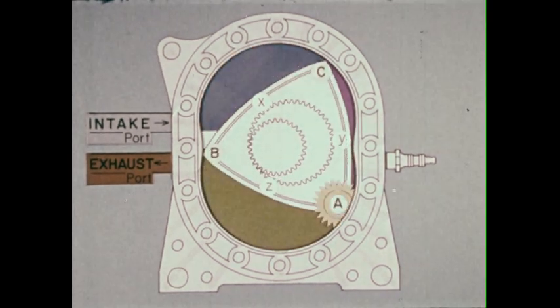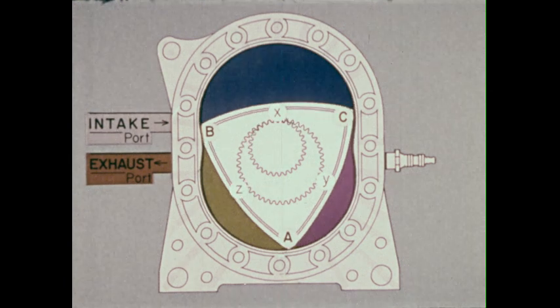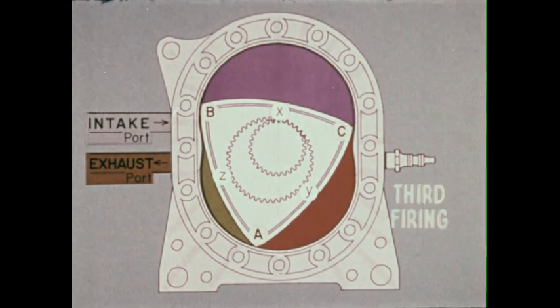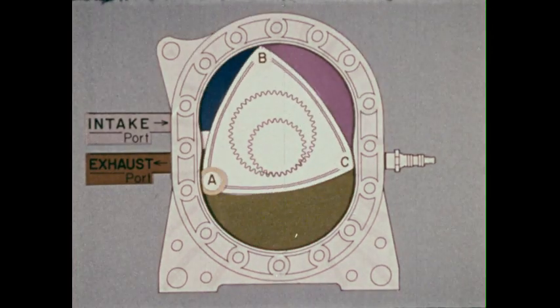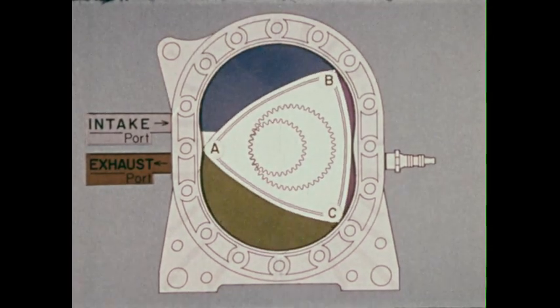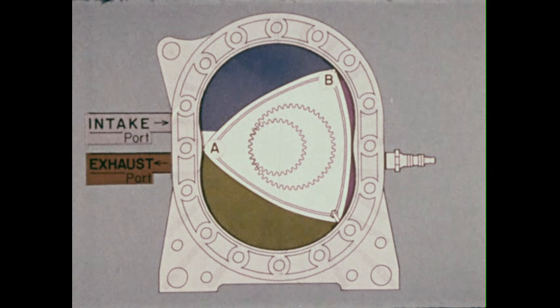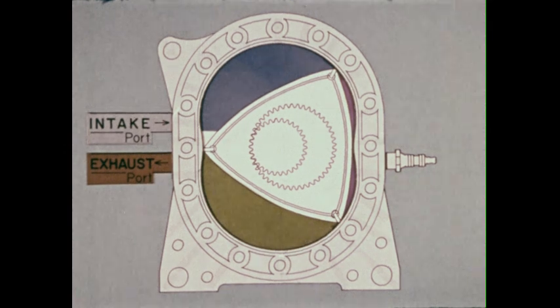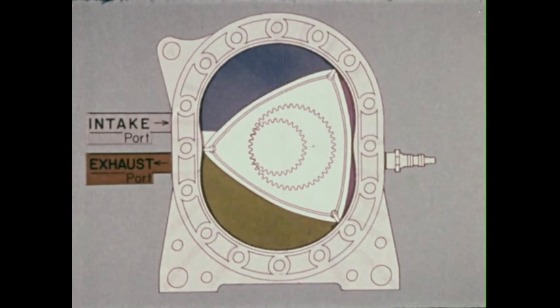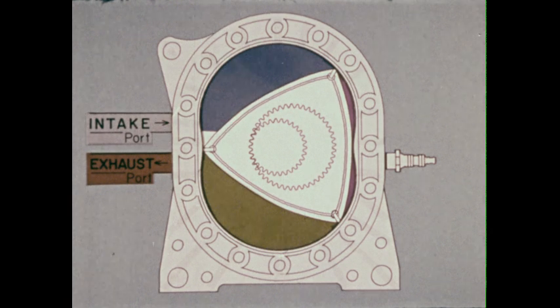When lobe A is reaching 7 o'clock, side Y is fired. By the time lobe A reaches back at 9 o'clock, the rotor has completed 3 firings in 1 revolution. To review the combustion characteristics of the Wankel engine, this is how the three firings occur in succession.